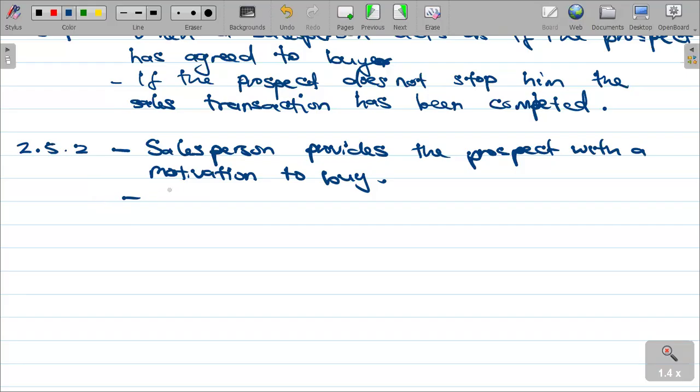This technique is used especially in a presentation where the prospect has been taken through all the stages and wants the product, but delays or cannot make a decision.